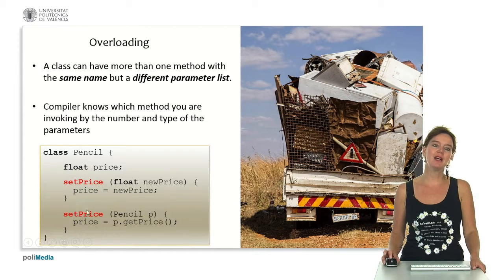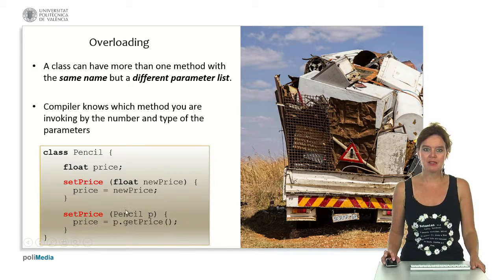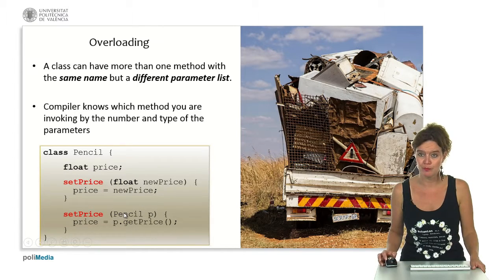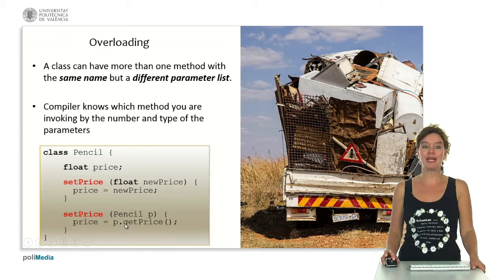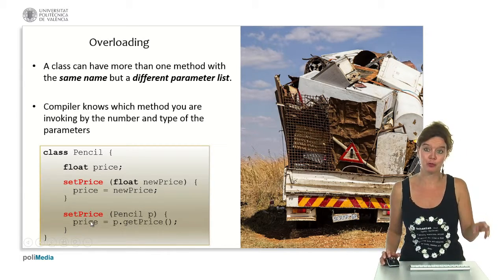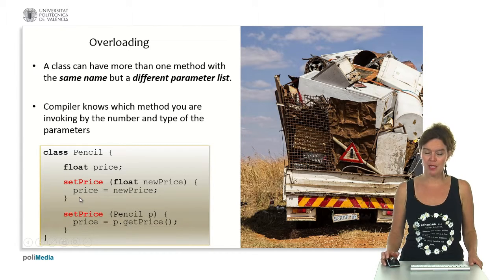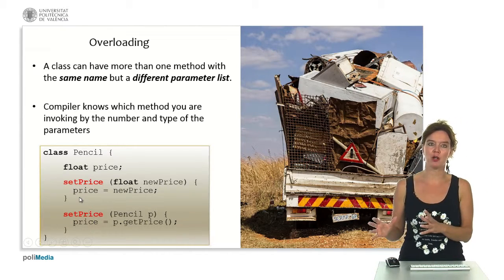And here we see another setter. We see that the argument that this setter has is different. It has a different type. The type of the argument is another pencil. And what we do, we get the price from that pencil and we assign it to the price of our current pencil. So here we have two methods with the same name, set price, but with different types of arguments.